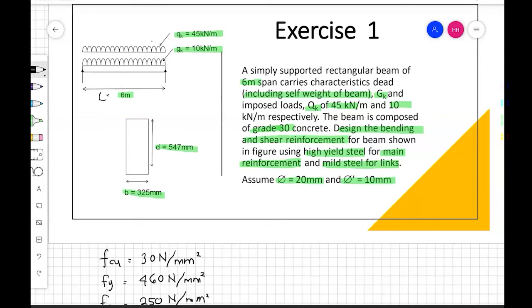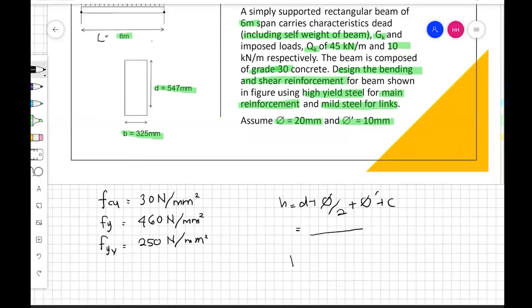So kita kan ada formula H equal to D plus C tu kan. Kita boleh kira dapatkan H, and then kita boleh kira dia punya self weight. Macam mana kita kira? B darab H darab dengan 24 kN per meter cube. Kita boleh dapat self weight actually lah.